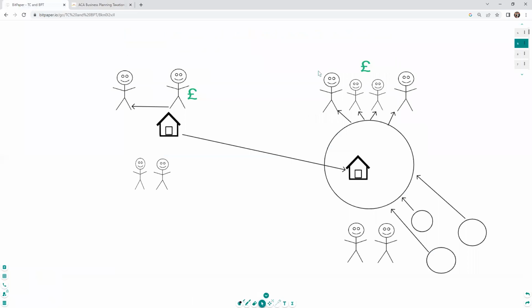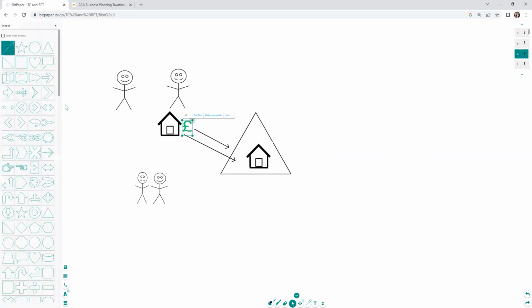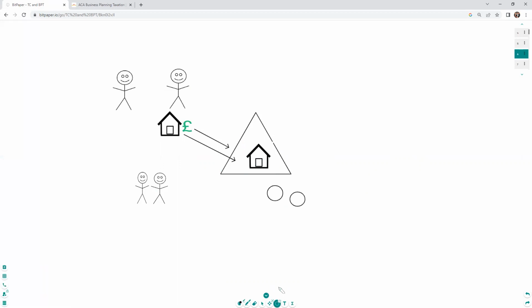So Anna is going to transfer cash and the buy-to-let property into the trust. So the trust will then have the assets. The trust will earn the rental income, and it will, of course, use that cash to buy shares in companies, and therefore it's going to receive dividend income, and it's also going to have that rental income.